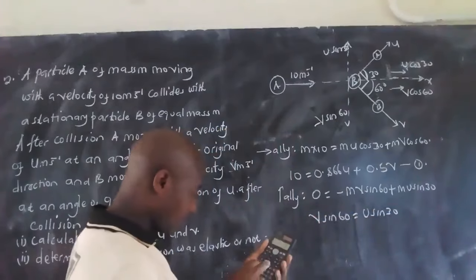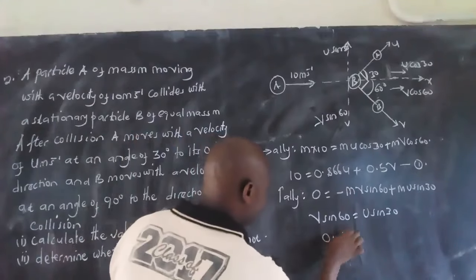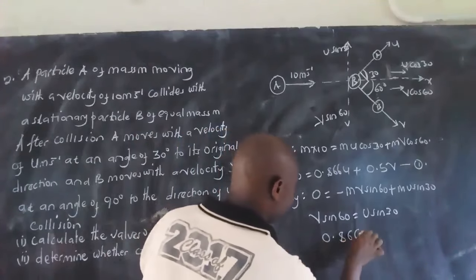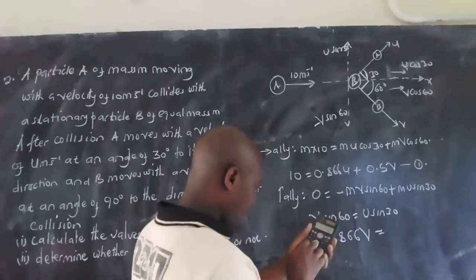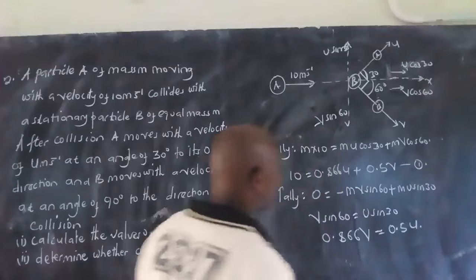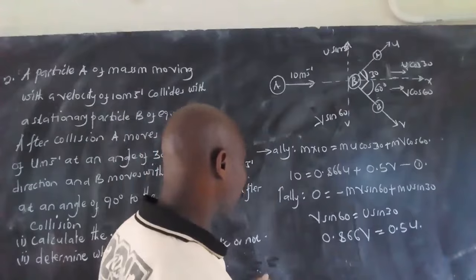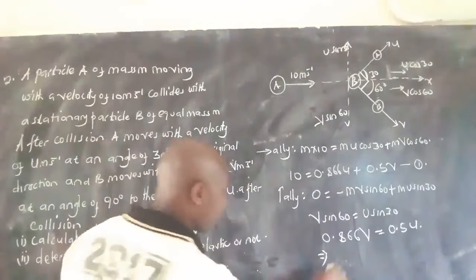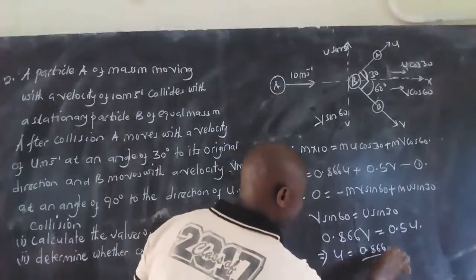So sine of 60 is 0.866, then v is equal to, sine of 30 is a half, 0.5 u. So from here we can eliminate v, or can eliminate u. So therefore, make u the subject of the formula. So our u will become 0.866 divided by 0.5 times v.